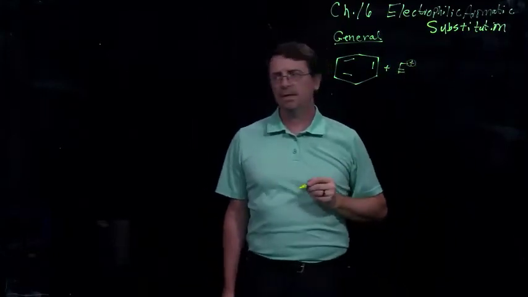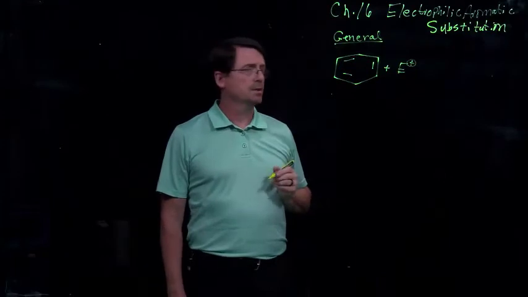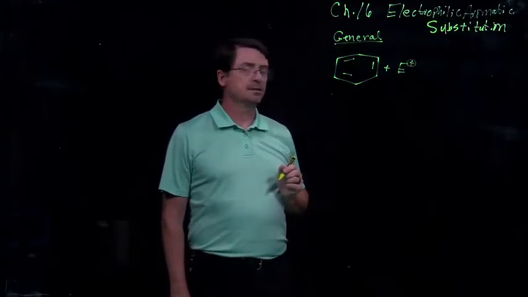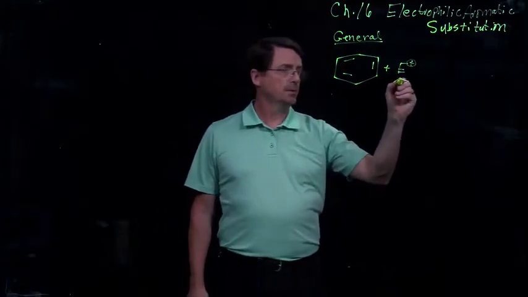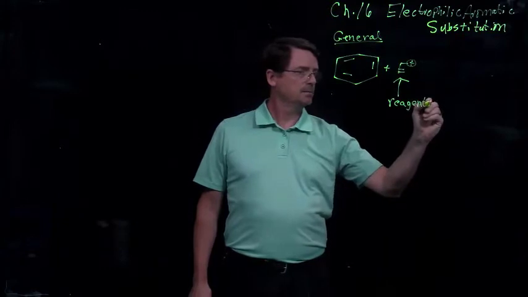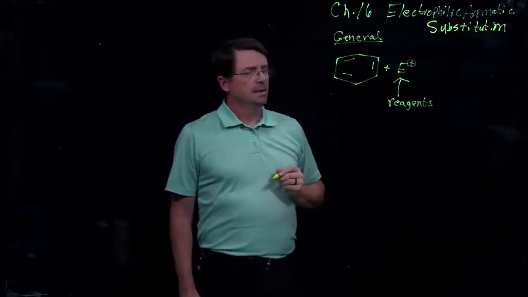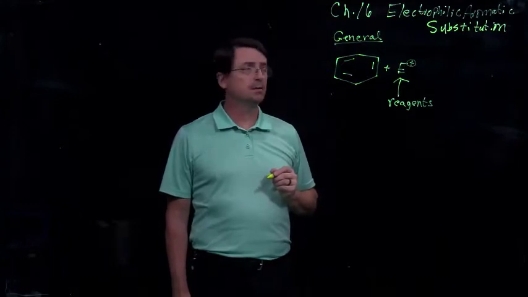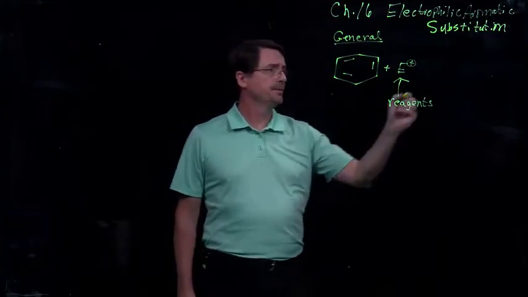How we generate that electrophile is important, and as we go through, we'll deal with lots of different kinds of electrophiles. So we will see lots of reagents that we need to know. And the mechanism of the generation of some of those electrophiles you will need to know, and I'll point those out as we go through.